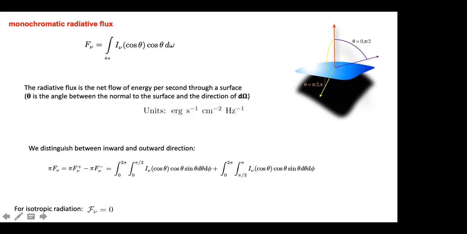And on the opposite side, you have the universe, the interstellar medium, where the energy will eventually escape. So what enters and what goes away is not the same. On one side you have the star, on the other you have the universe. So it's very useful in our context to distinguish between inward and outward flux. One is the flux going toward the stellar interiors, and the other one going outside.